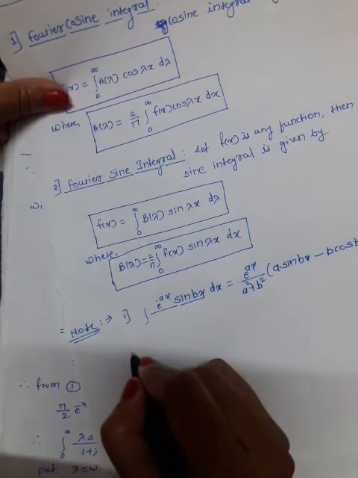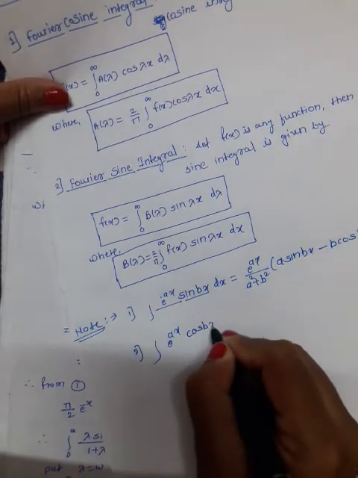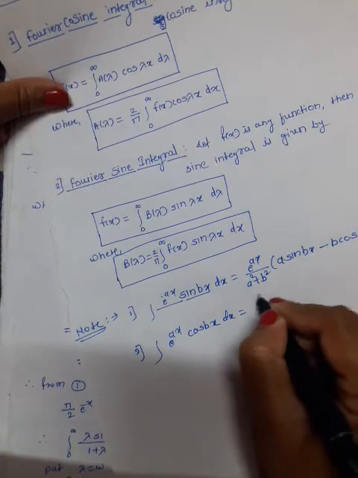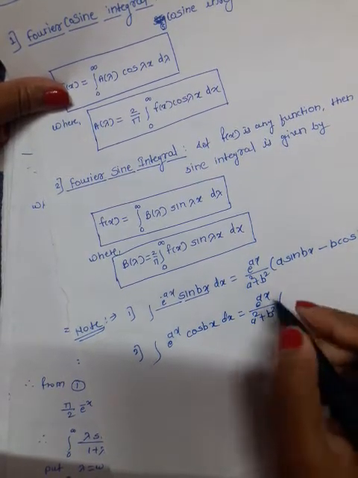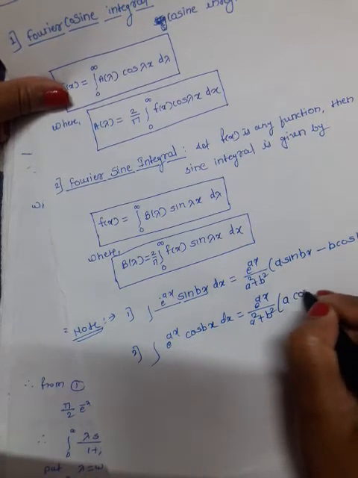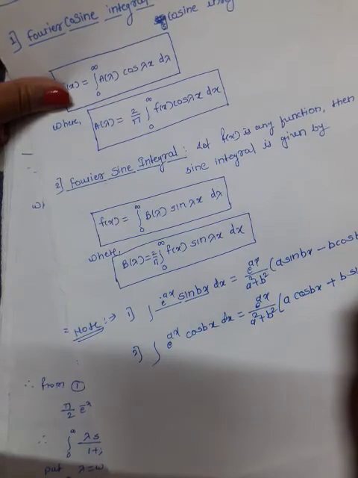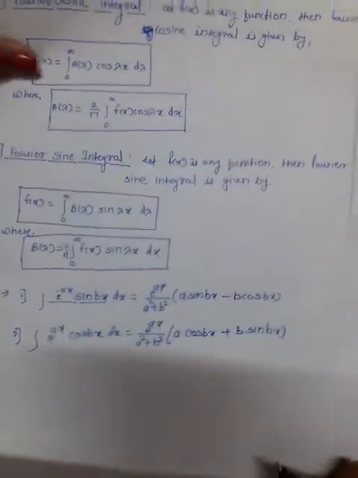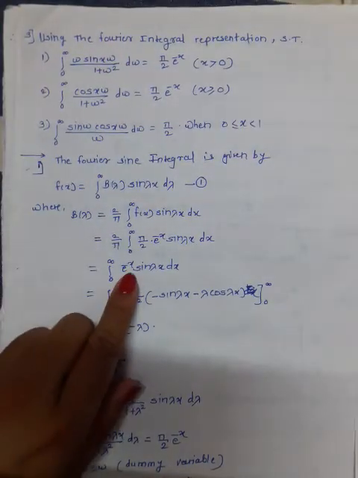And second, integration e raised to ax cos bx dx is e raised to ax upon a square plus b square, these two terms are same, start with a cos bx, for cos plus sign is there, b sin bx. These are the formulae we already know. We are going to use this formula here.